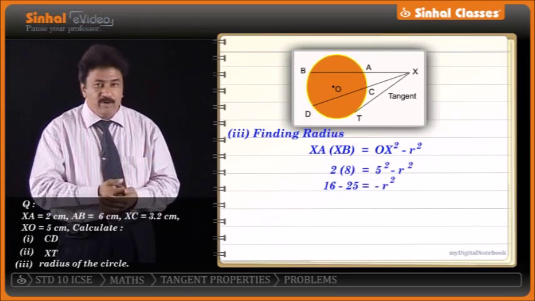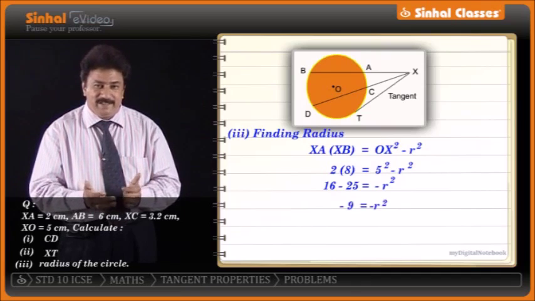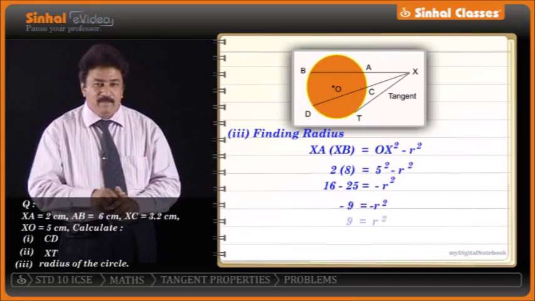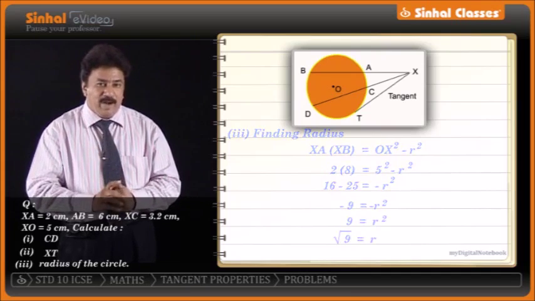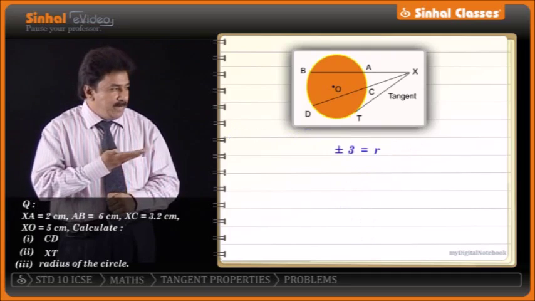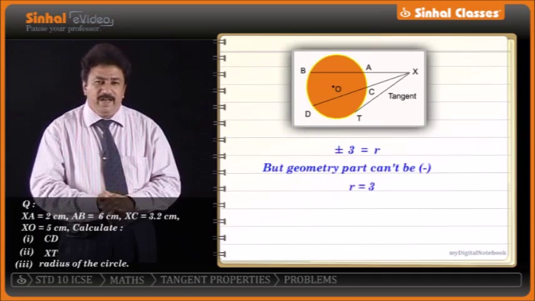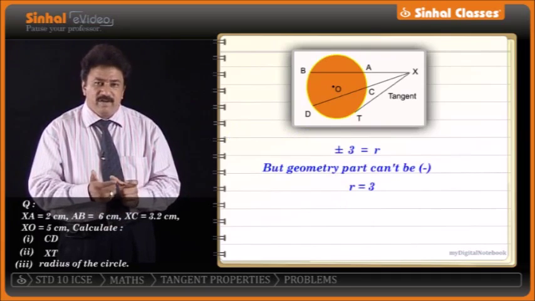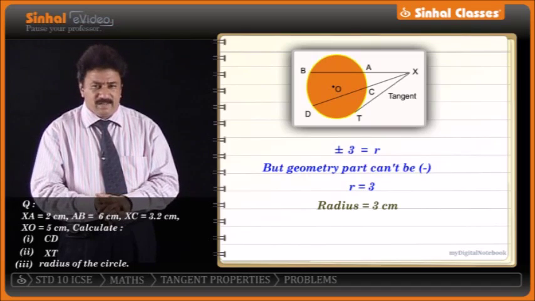Minus 9 is equal to minus R square. Minus gets cancelled on both sides. 9 is equal to R square. Root of 9 is equal to R. Plus or minus 3 is equal to R. But geometric parts once again can't be negative. Therefore R is 3. That is, the radius of the required circle is 3 centimeters. So we got all the three answers.